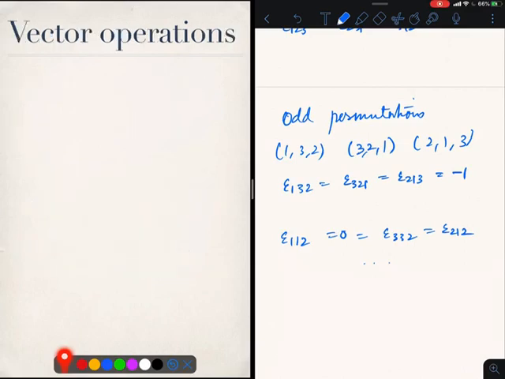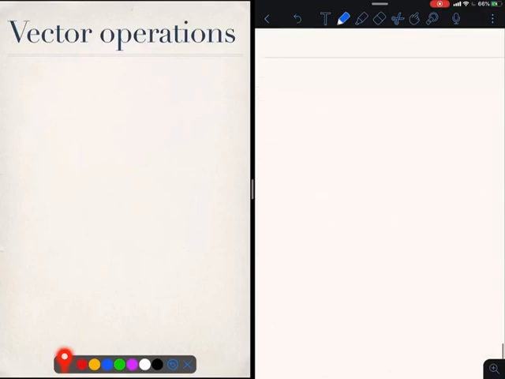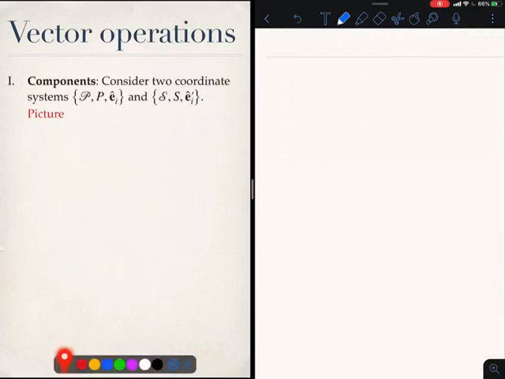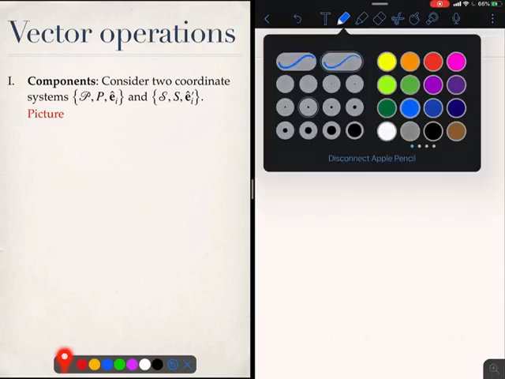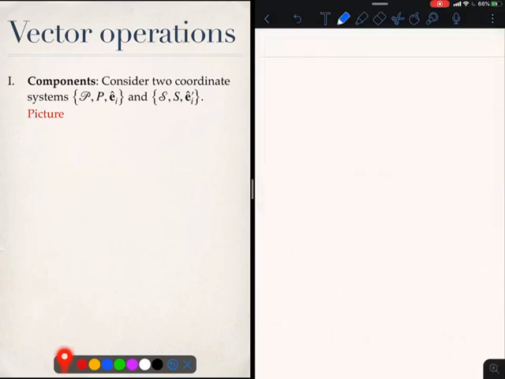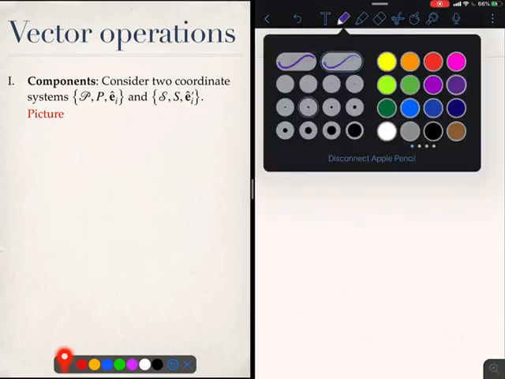So here are some vector operations which will benefit from our using index notation. First thing to do is we have learnt about a coordinate system. So let's draw two coordinate systems. Let's call this coordinate system P with origin P, and let me draw another one here, using a different color.